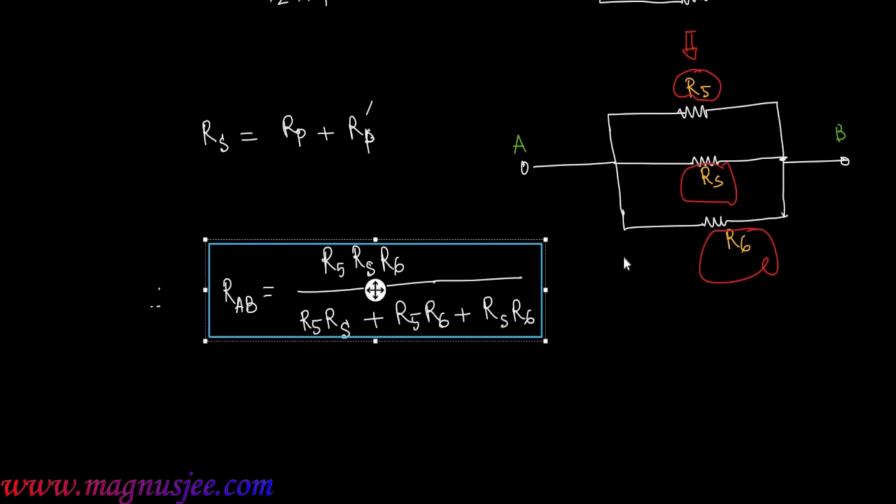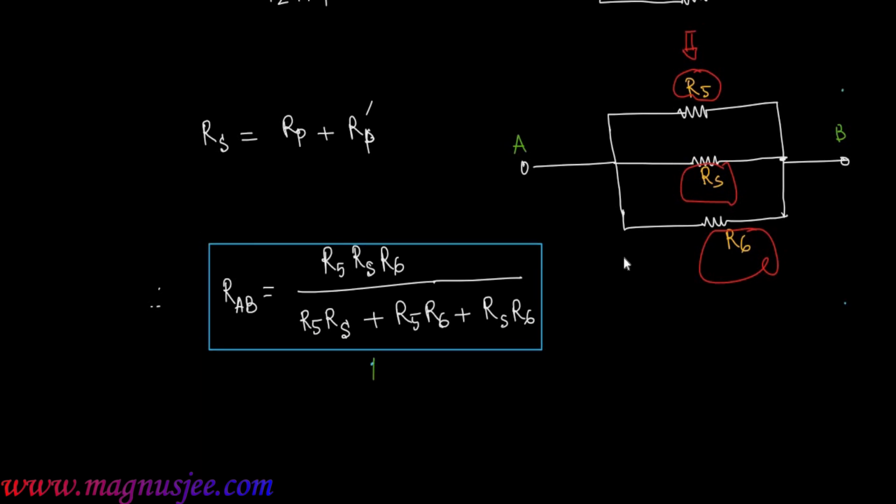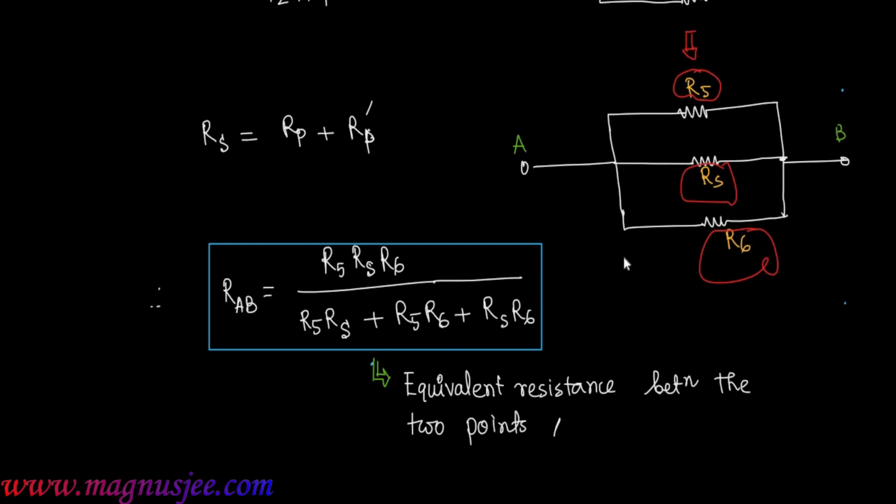Rab is the equivalent resistance between the 2 points A and B.